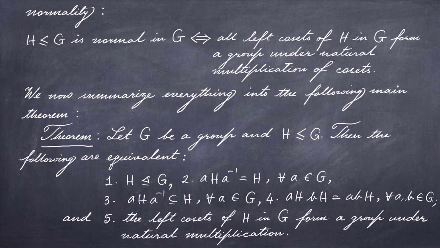Later on we further got two things: for every A and B, the natural product of AH and BH as subsets of G becomes ABH. And the fifth one, that all left cosets of H form a group under natural multiplication. So we have found all these are equivalent.